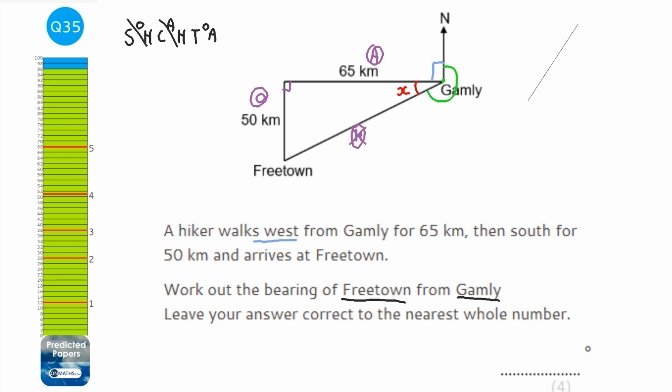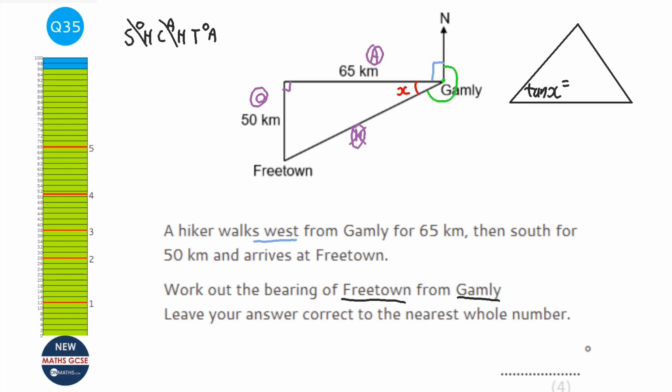So we draw our TOA triangle. So tan of the angle, which is x, equals, and then we've got the opposite, which is 50, over the adjacent, which is 65.